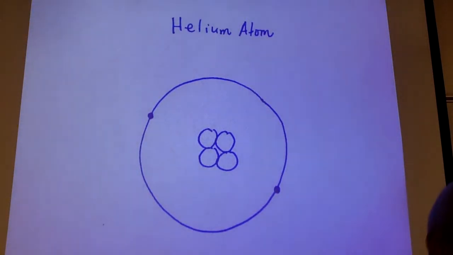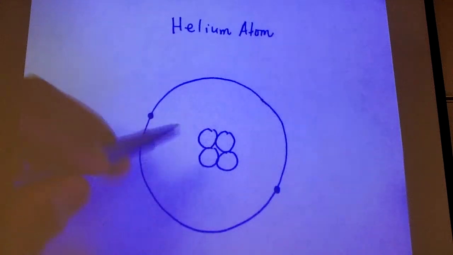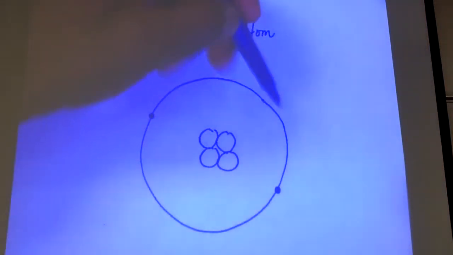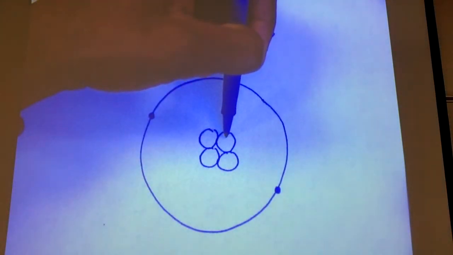instead of drawing hydrogen, which only has protons but no neutrons. All right, so if we were to label this atom, if I were to ask you to label it, how would you do it? Go ahead and take a minute and do that now. And I also want you to label, I'm going to blow up one of these.